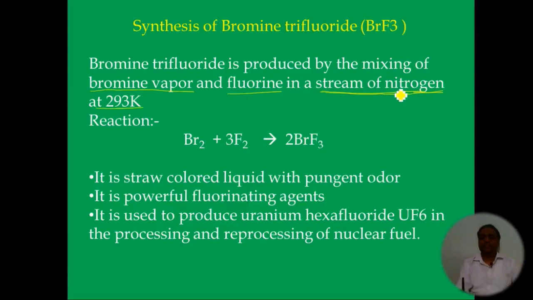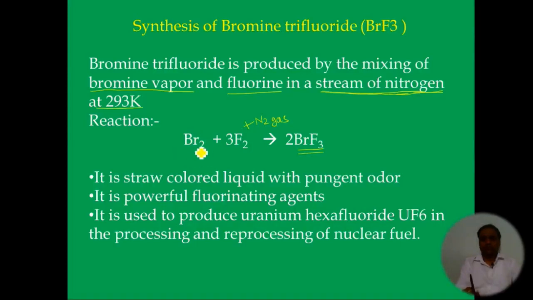So we mix this nitrogen with fluorine gas, and this mixture of fluorine and nitrogen is mixed with bromine vapor at 293 Kelvin. We get bromine trifluoride. Bromine is actually liquid at room temperature.